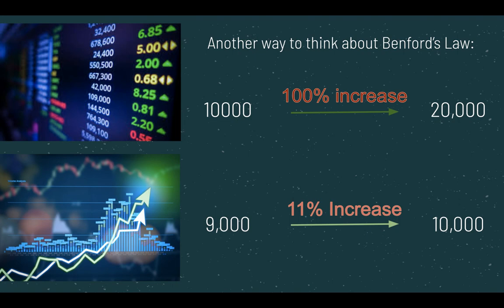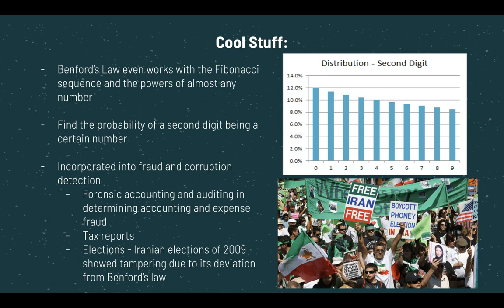So it's more probable that you're going to find a number with a leading digit of one than a leading digit of nine, because it's just way harder for the leading digit of one to get to a leading digit of two. And there's tons of other explanations, but I don't understand them because I'm dumb and I just don't want to explain them.